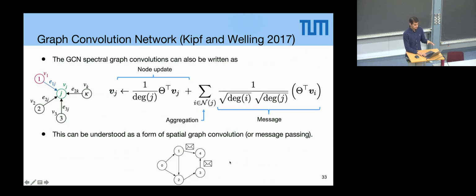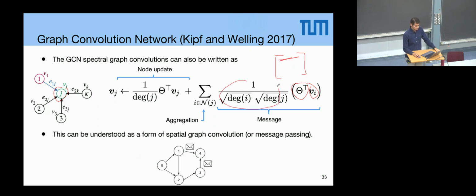Okay, and this graph convolution network can also be written using this other formula. Here BI represents one of the columns of our adjacency matrix. Sorry, one of the rows of the adjacency matrix. This is one of the nodes. So if we want to obtain the new feature vector for this central node J, what we do is for each of its neighboring nodes, we multiply them with our filter, with our weight transpose.